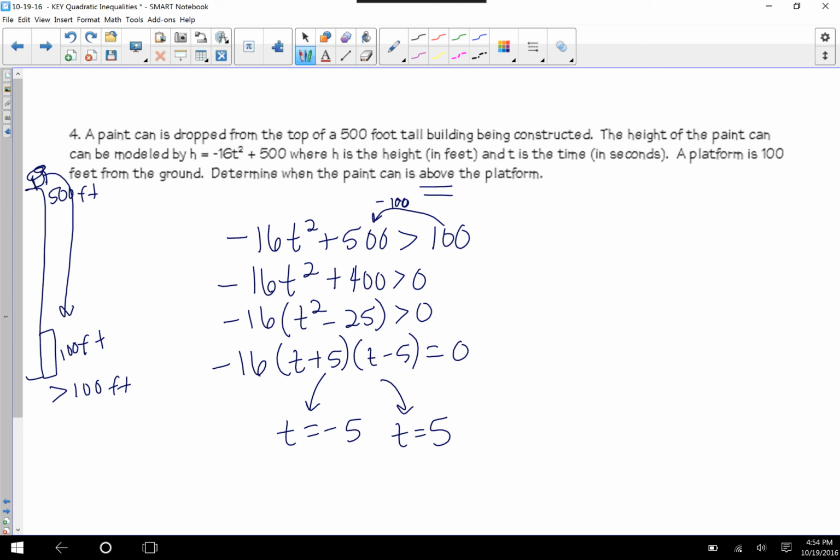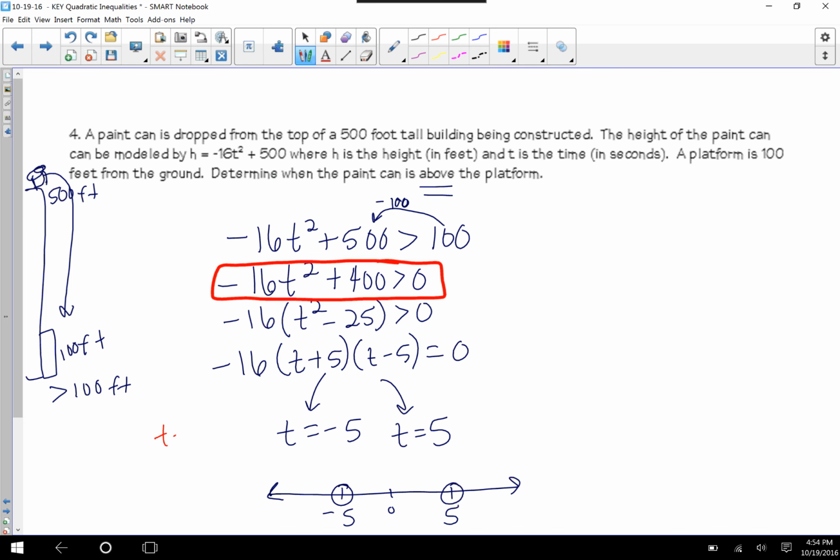So these are possible solutions. I'm going to draw my number line. Negative 5 and 5 are not equal, so they're open circles. I need a test point. 0's in the middle, that works. So I'm going to go back right here to test.